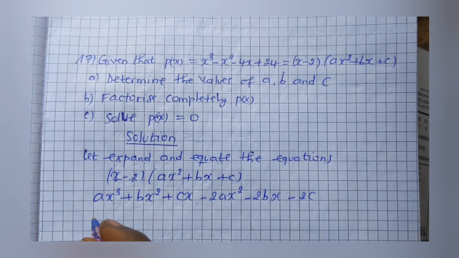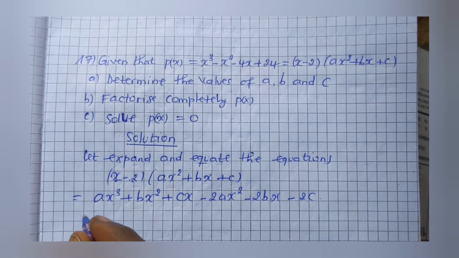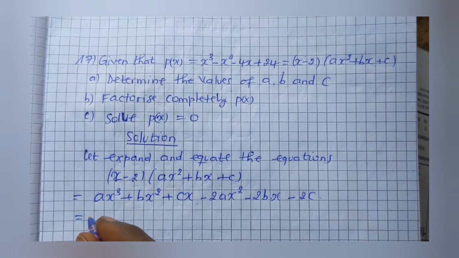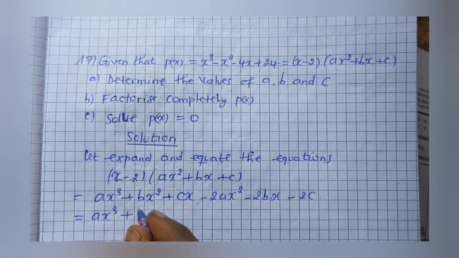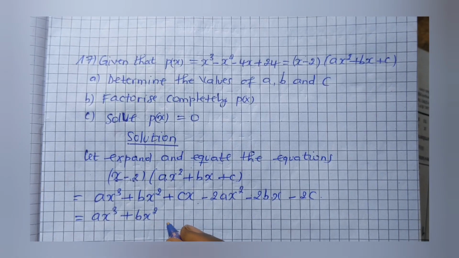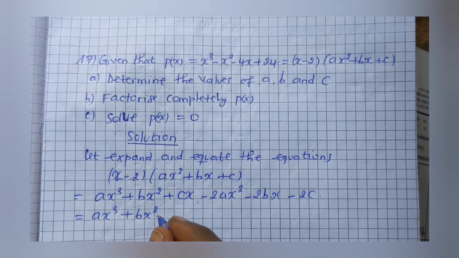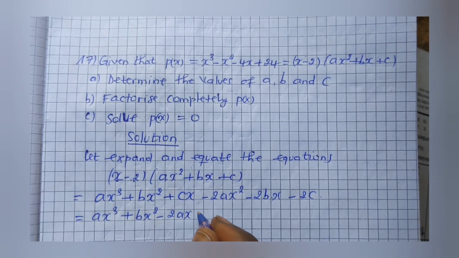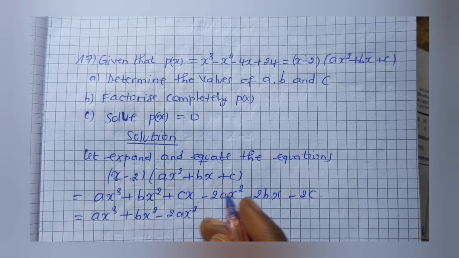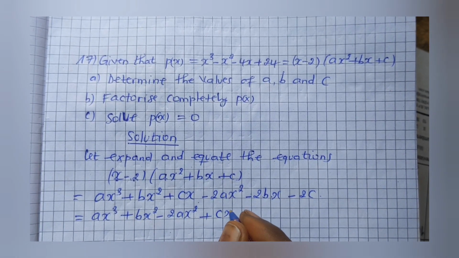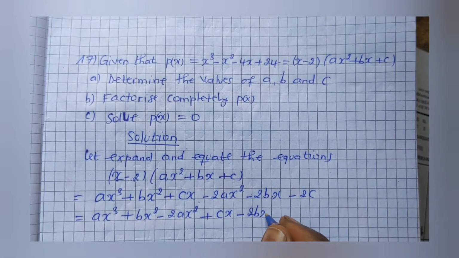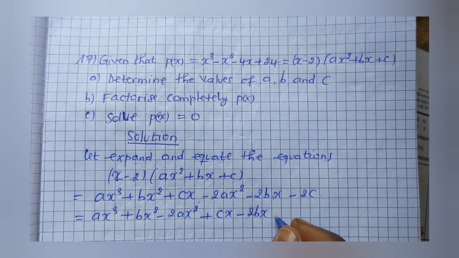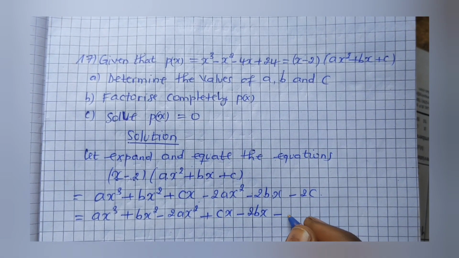So this is the expansion. Now we combine the like terms: ax cubed plus bx squared minus 2ax squared, then plus cx minus 2bx, lastly minus 2c.